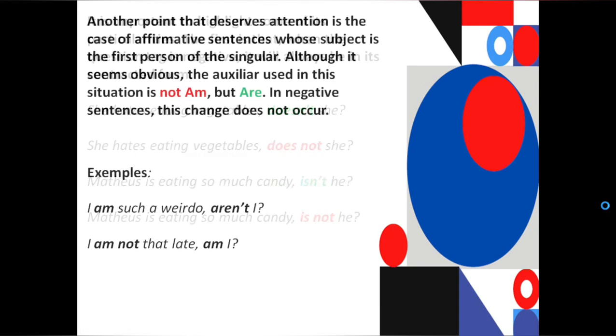And guys, when our subject is the first person, we have some differences. Let's read here. Another point that deserves attention is the affirmative sentences whose subject is the first person singular. Although it seems obvious, the auxiliary used in this situation is not am, but are. In the negative sentences, this change does not occur.